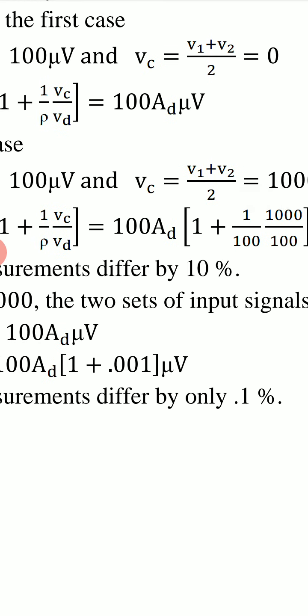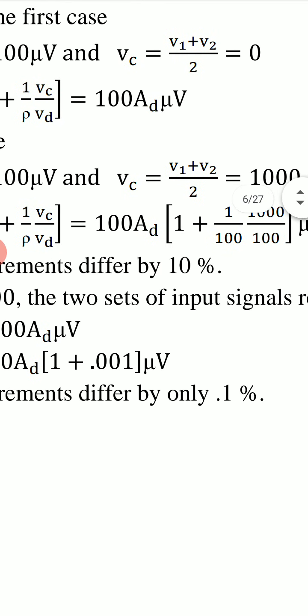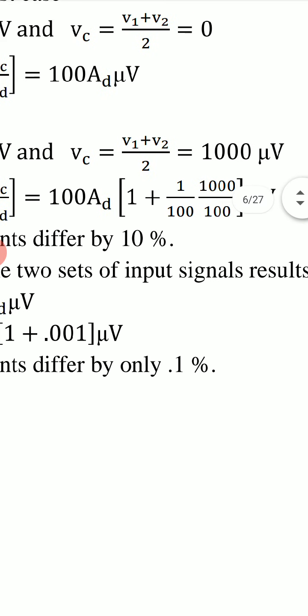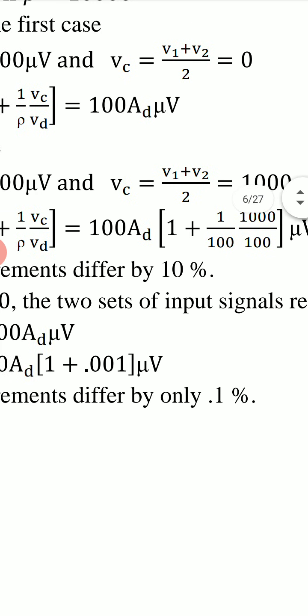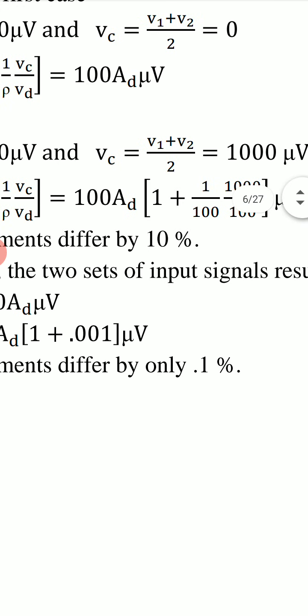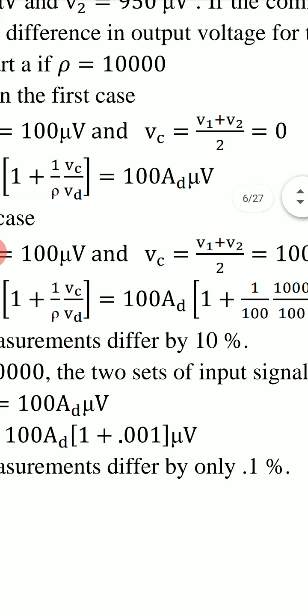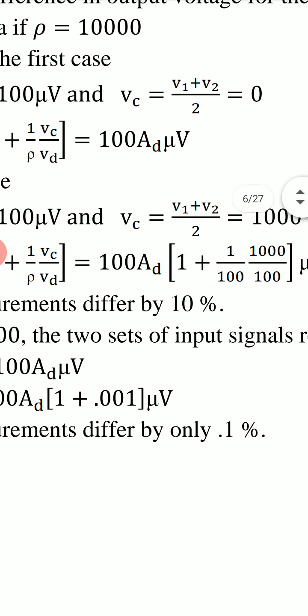So as the common mode rejection ratio rho increases, the difference of measurement reduces very sharply. In the first case, the difference was 10% when rho was 100. When rho becomes 10,000, this difference reduces very sharply to 0.1 percent.